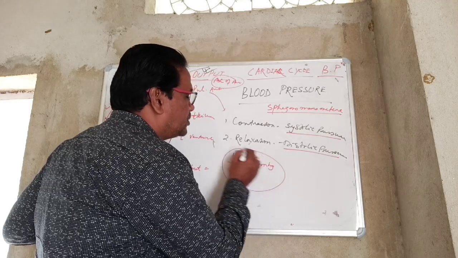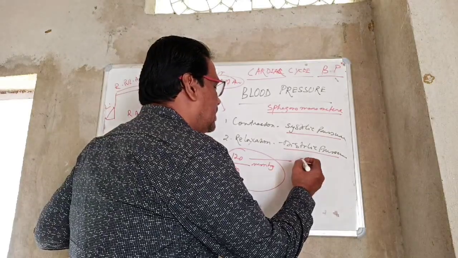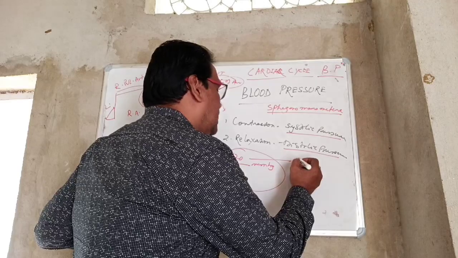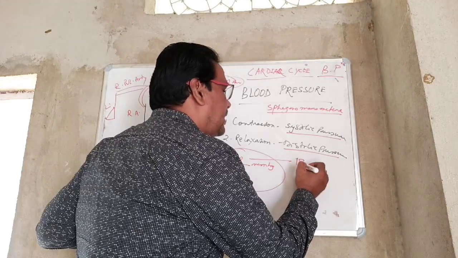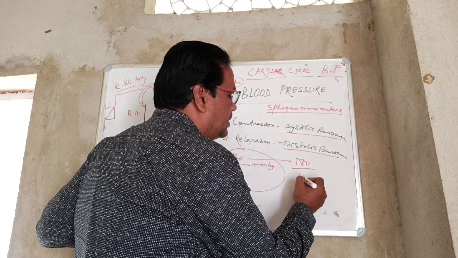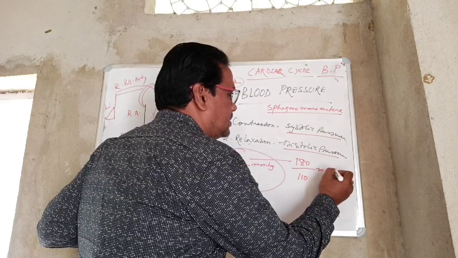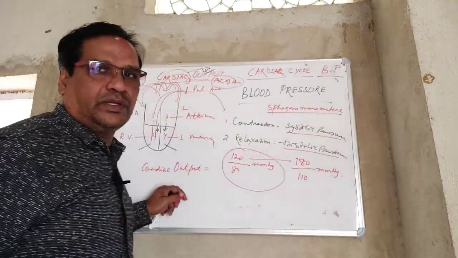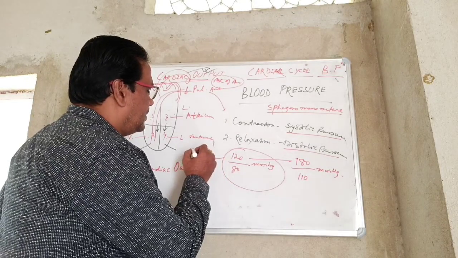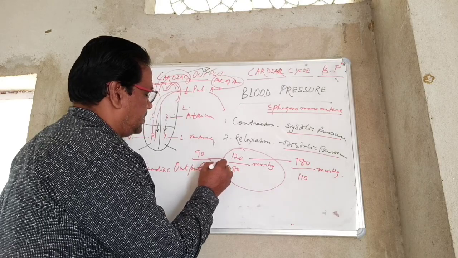If it is more, that is called high BP, for example 180 by 110 mmHg. If it is less, it could be 90 by 60 mmHg.